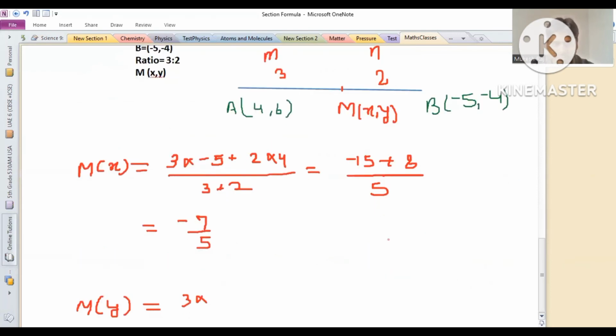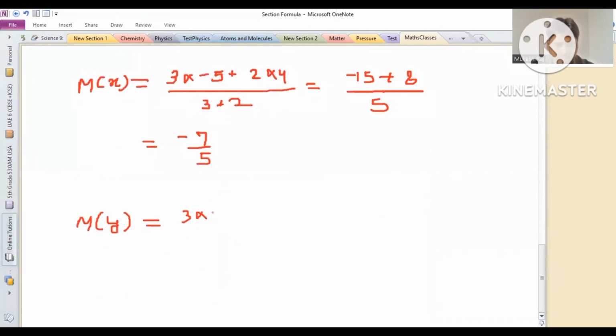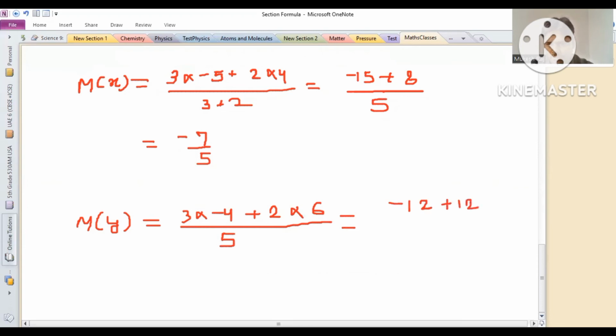That is -4, and then we are having 6 for the y1. -4 plus 2 multiplied by 6 upon 3 plus 2, and this time I am writing it down directly, that is 5, because we know how this 5 in the denominator has been obtained, this is just the added value of the ratio in which the line segment has been divided. So it becomes -12 plus 12 upon 5, and this will give you a value as 0.